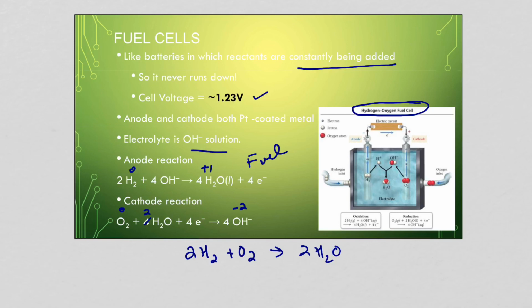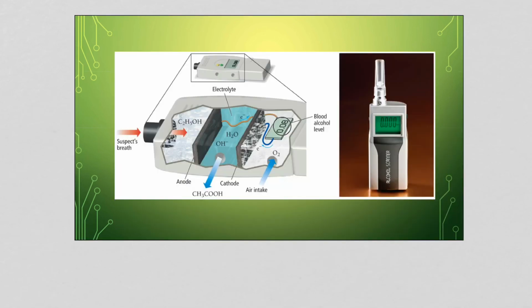But other places have found applications of this, as I've said, in stationary applications, buildings, etc., but also in breathalyzers. These are probably the most common everyday use of a fuel cell. These handheld breathalyzers take advantage of a fuel cell where your fuel is the ethanol. You breathe into this, and the ethanol functions as your fuel.